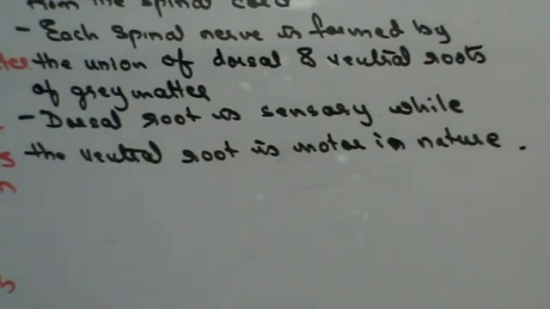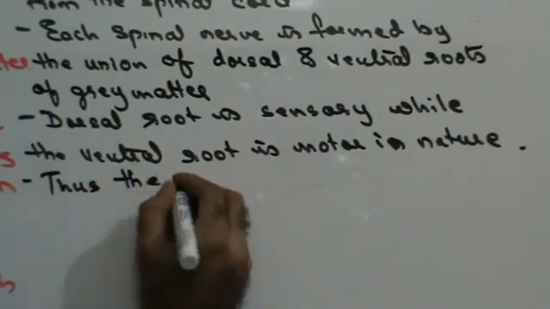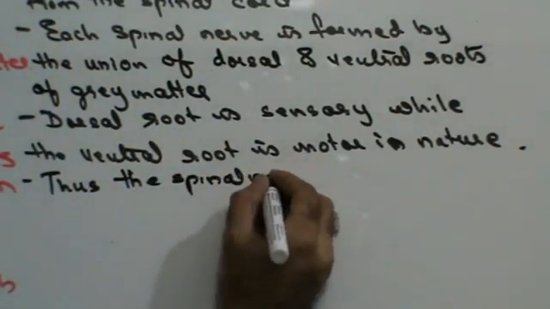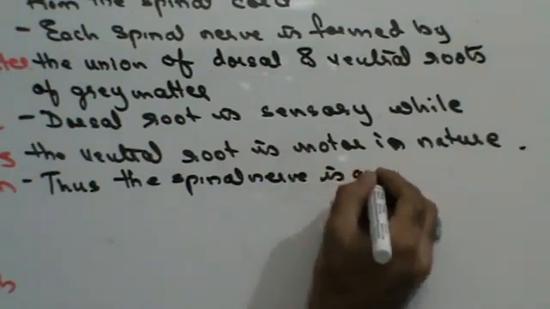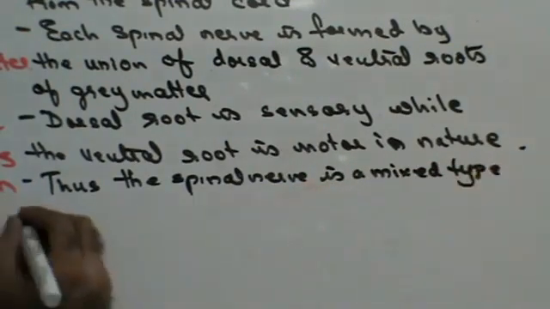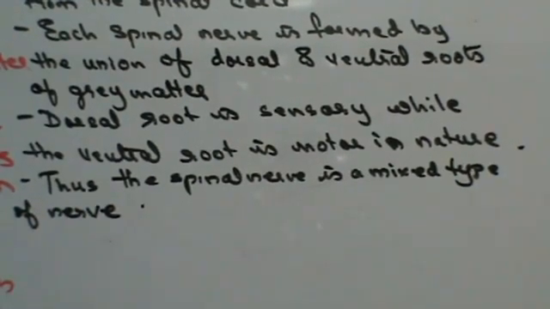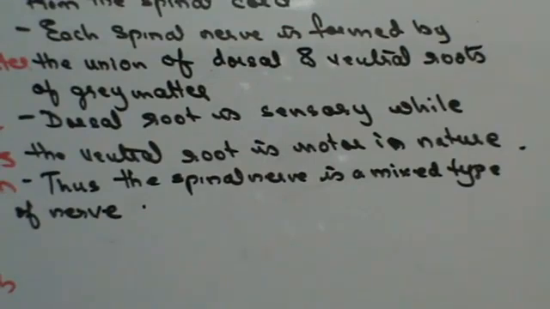Now, thus the spinal nerve is a mixed type of nerve, or sensory motor nerve.